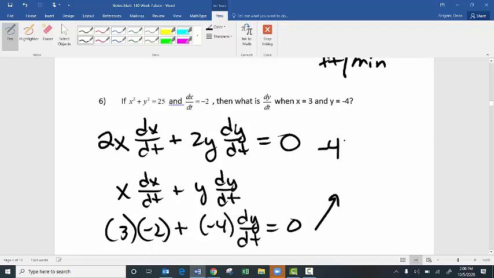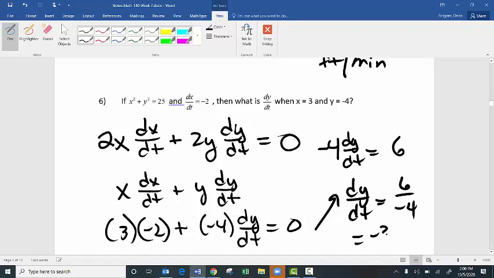You get -4 dy/dt, and then you move this over to the other side. This is -6, so over there it's going to be +6. So dy/dt is 6 over -4, which is -3/2. There are no units here, so that's all you can do: -3/2.